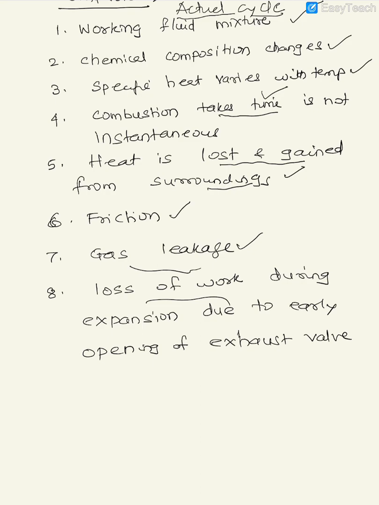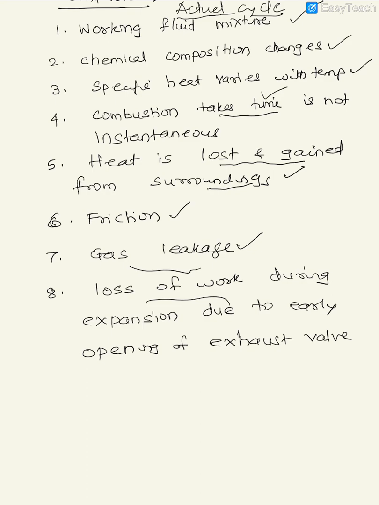But why don't we always go for actual cycle analysis? Because if you go on reducing the number of assumptions, as you have seen, air standard cycle analysis has the maximum number of assumptions, in fuel air cycle analysis we have reduced the number of assumptions, we have moved closer to reality. In the actual cycle analysis, we have removed all the assumptions and we are now considering the actual engines for analysis. But by reducing the number of assumptions, the simplistic analysis goes off and the analysis becomes a bit complex.